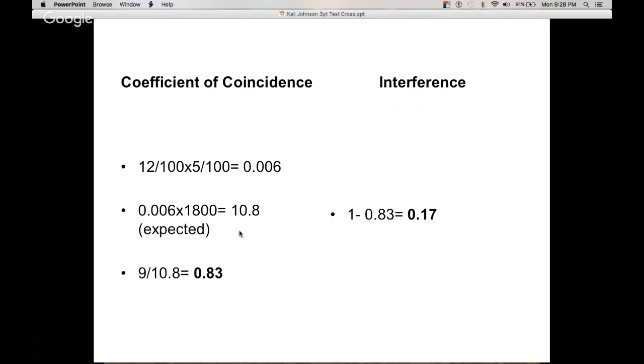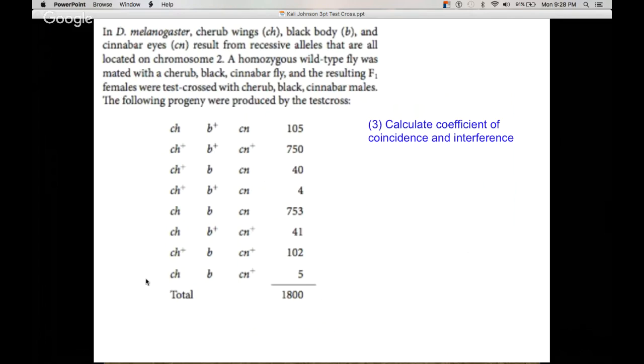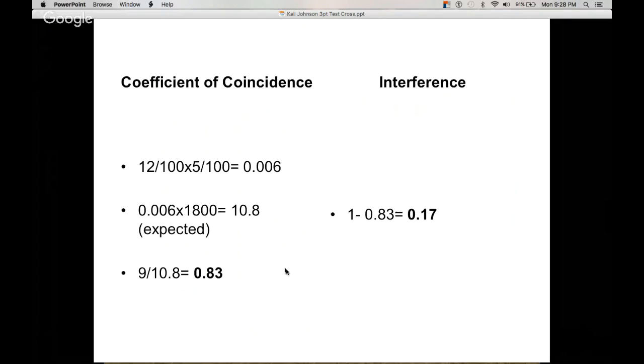And so you take your observed double crossovers, which you know what they are because they are the lowest numbers. So you add them together, 4 plus 5 is 9, and you divide that by 10.8, and you get 0.83 for the coefficient of coincidence. And to calculate interference, it's just 1 minus the coefficient of coincidence, so you get 0.17.